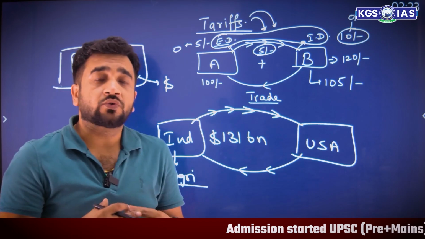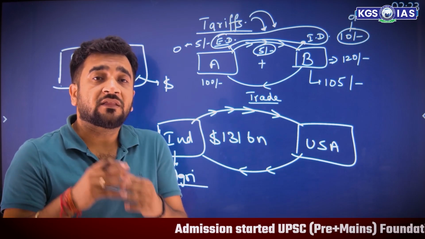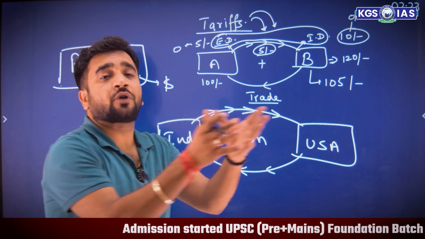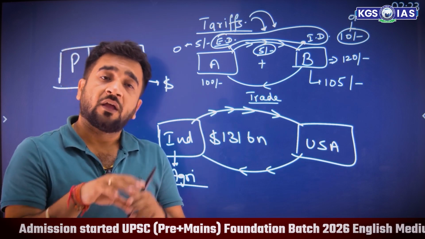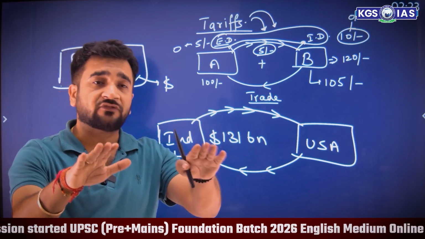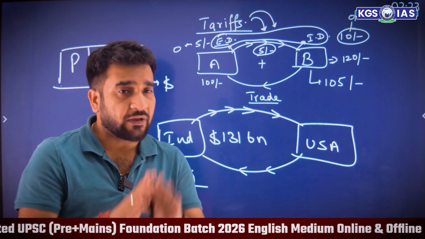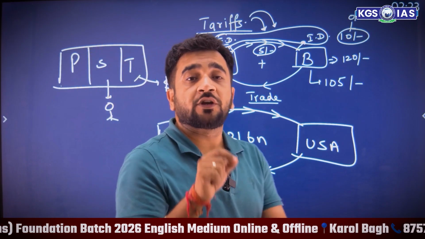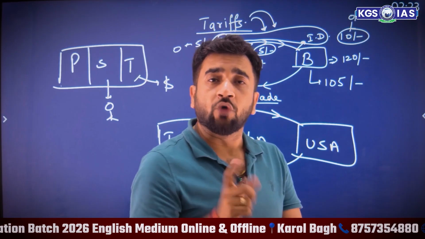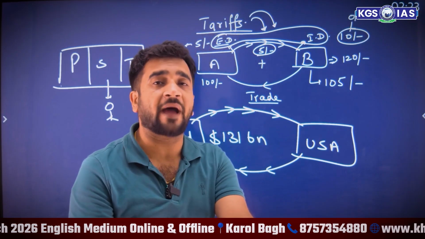Because if I reduce, then that will enable cheap agricultural products to enter my economy. As a result, agricultural products at cheaper prices will be available for the people. People will benefit, but what about the agricultural products produced by our domestic farmers? Who will procure them or who will buy them?